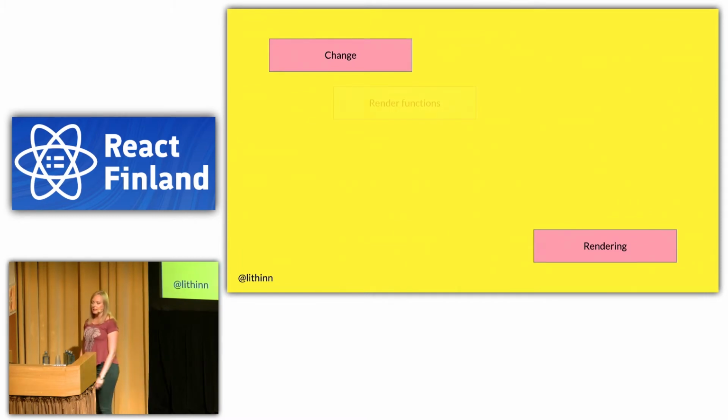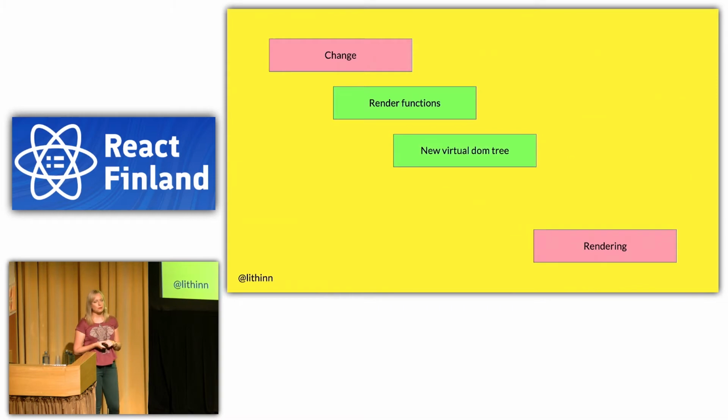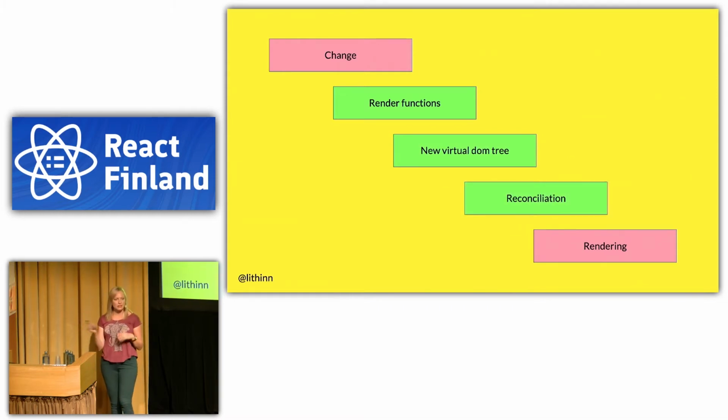So what React does is it figures out which render functions or methods or classes it should be running. Then it produces a part of new virtual DOM tree. Then it checks it against the old tree, and it re-renders the actual UI. The problem is, however, that this whole process of running rendering functions, etc., might not actually produce any change in the UI, but the JavaScript thread will still do all of this heavy work.